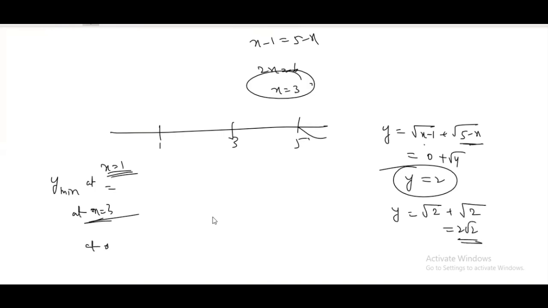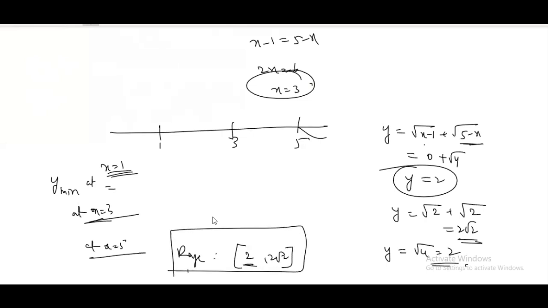At 5 particularly, y is equal to root 4, which is 2. So at 3 it is maximum, at 1 it is minimum. So the range of this function: maximum is 2 root 2 and minimum is 2. So this is the range of this function.